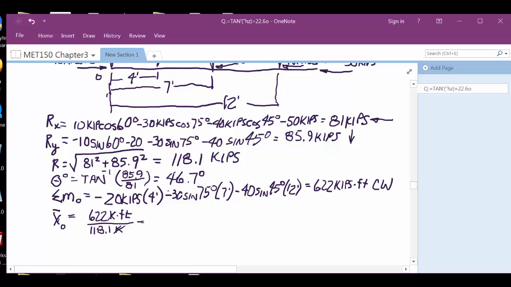You're left with feet. That's a good thing. 622 divided by 118. Hopefully. They didn't use 118. Oh, that's right. They used 5.9. Your result in Y, it should be the resultant in the y because I'm finding the x value. Sorry. Let me go back, I got to get my eraser out. So sorry.